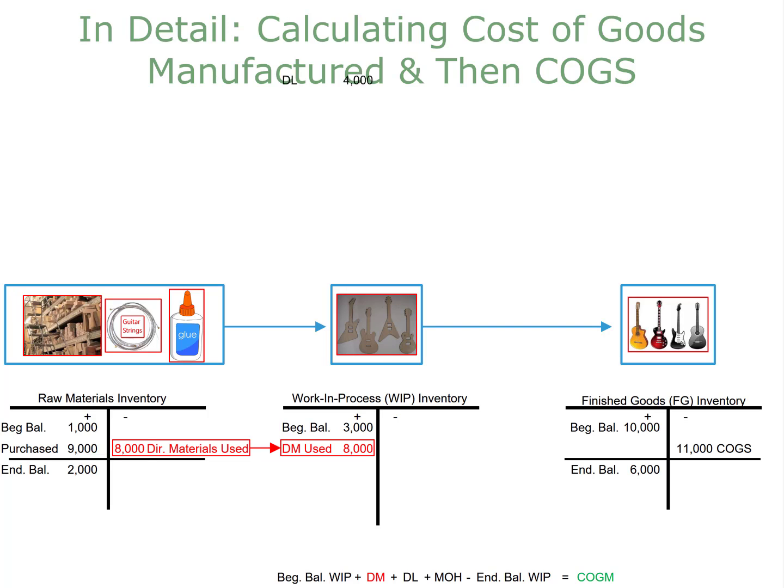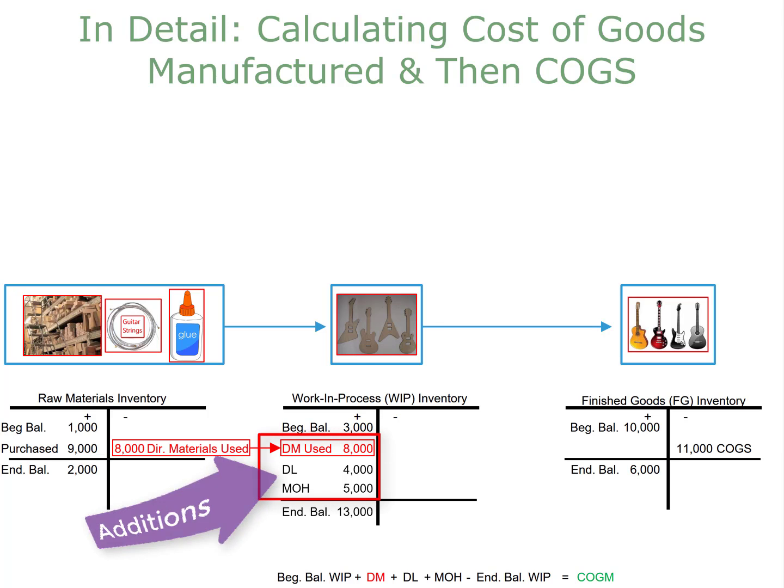They are direct labor, abbreviated as DL, which we'll assume was $4,000, and manufacturing overhead, abbreviated as MOH, which we'll assume was $5,000. Now, all we need is the ending balance, which will be given to us in the homework. So direct materials, direct labor, and manufacturing overhead are our additions. Adding the beginning balance in work in process of $3,000 to our direct materials, direct labor, and manufacturing overhead, we get a total of $20,000 of product costs.